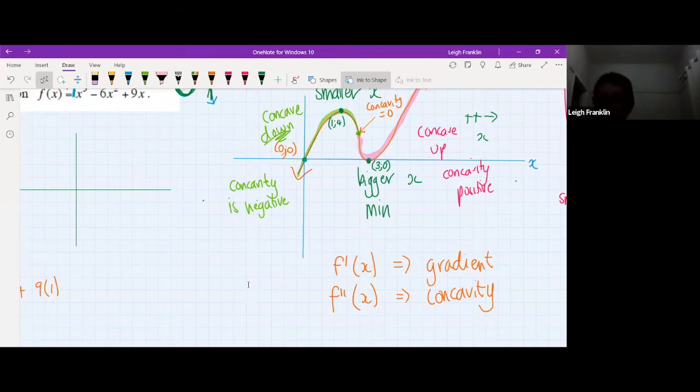Does that make sense to everybody? So gradient can increase and decrease, and concavity can also be positive or negative. When it's concave down, it's negative. When it's concave up, the measure of concavity is positive. How are we feeling so far?